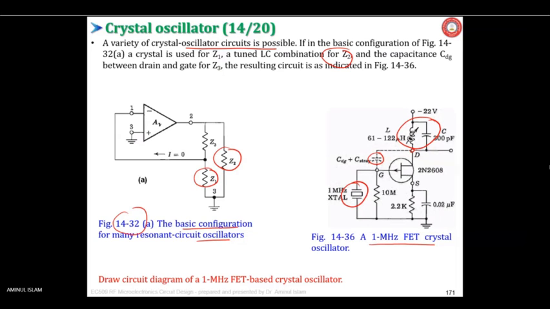So the capacitance CDG between the drain and gate is used for Z3. Z3 is replacing this one, this is equivalent to Z2, and this is Z1. Then we get this configuration of FET crystal oscillator, which can operate at 1 MHz.